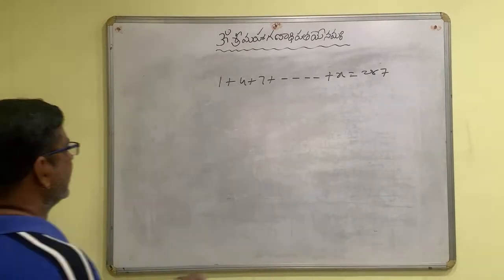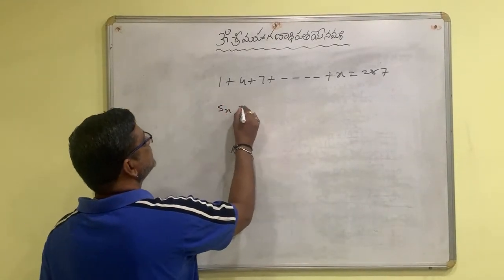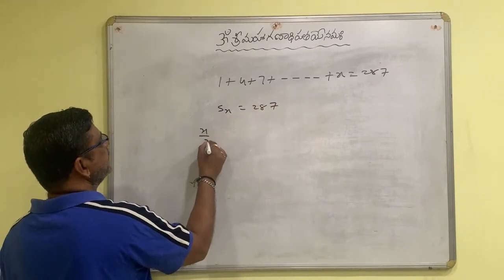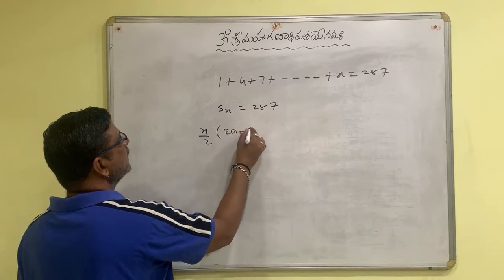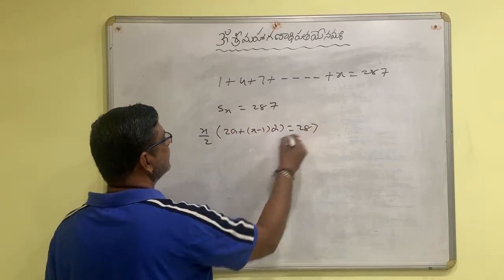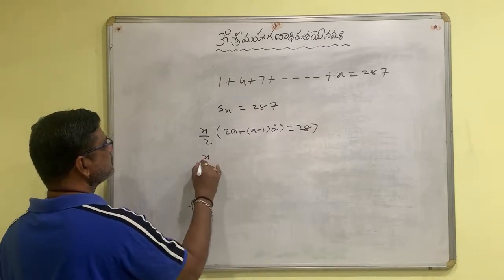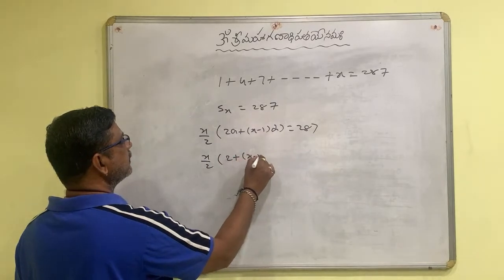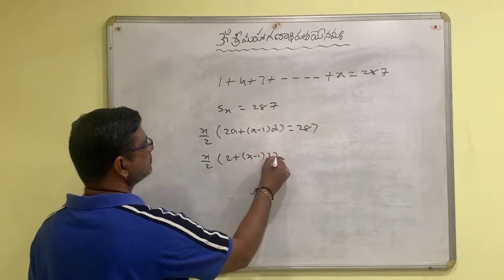So we need to find Sx. Sx is given as 287. Sx means x by 2 into 2a plus x minus 1 into d is 287. So x by 2, 2a is 2 only, and d is 3.